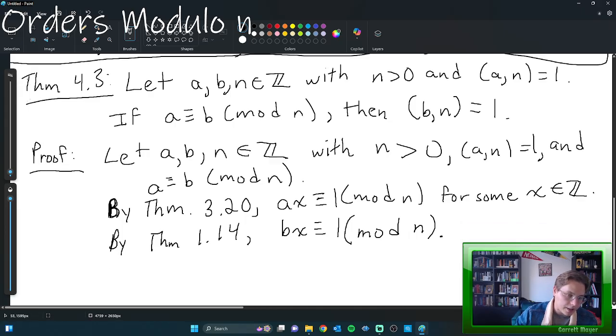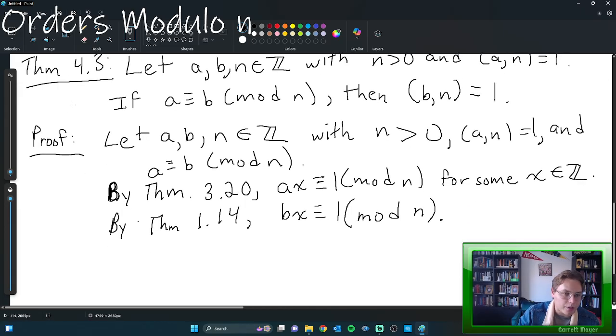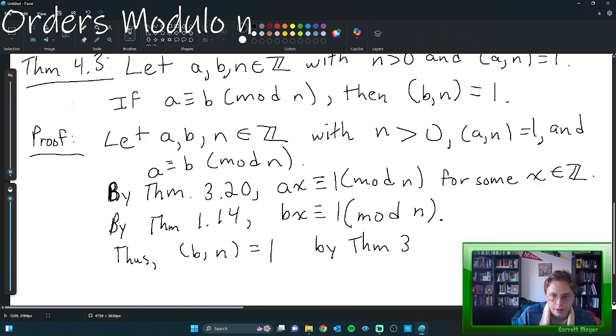Then, finally, just using theorem 3.20 again, thus the GCD of b and n equals 1 by theorem 3.20. Okay, so that's that point. And that basically just proves, as I said before, by reducing a number modulo n, or by finding a number that's congruent to another number modulo n, you're not going to get rid of the number being coprime. You're not creating a new common factor there.